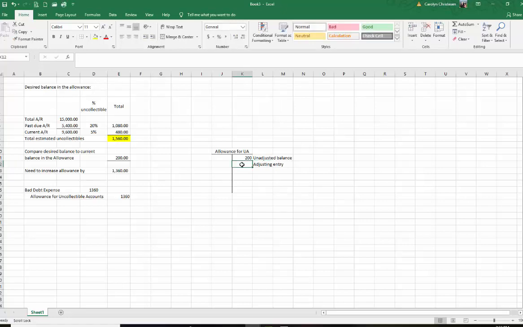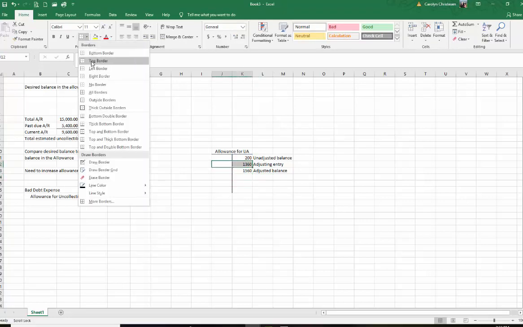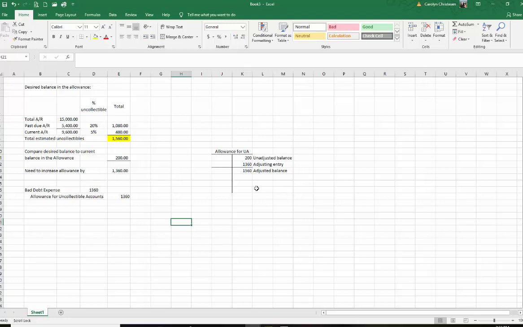Remember, we're increasing our allowance, so we're crediting it by $1,360. So our adjusted balance is going to be the sum of those two. Our adjusted balance now will be $1,560 in our allowance.